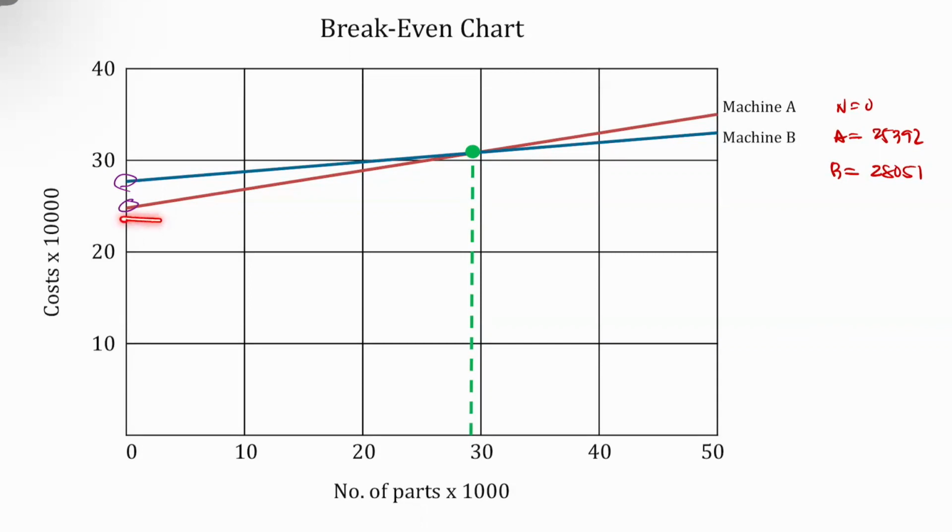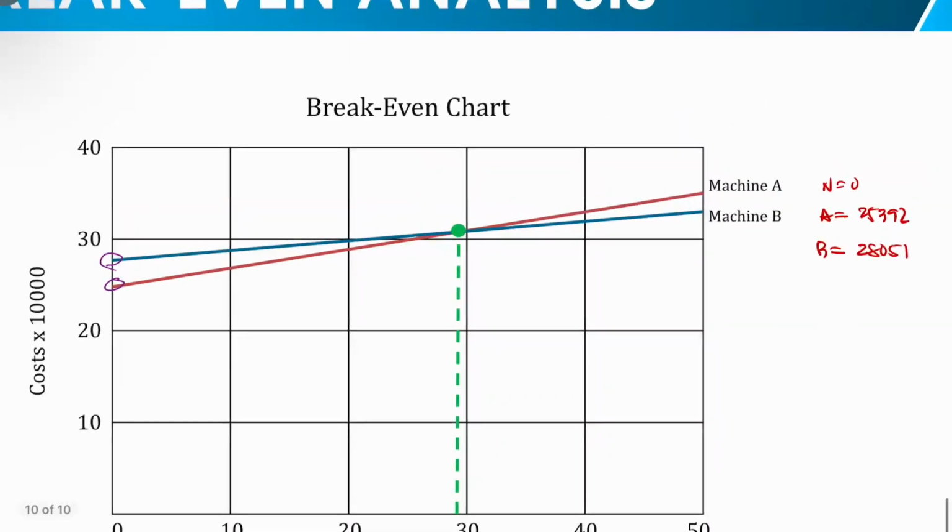Because the cost of A is way lesser than your B. Your B is above it. So, meaning, before it reaches 29,544 parts, B costs more. B is above A. But once it reaches the break-even point, and beyond that, B starts to be more economical. It is lesser than A. With A, you keep spending more. Okay?